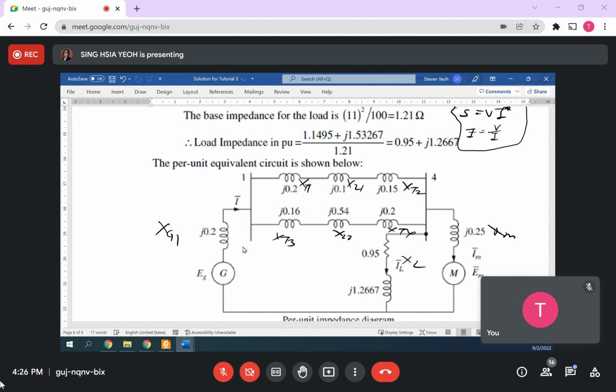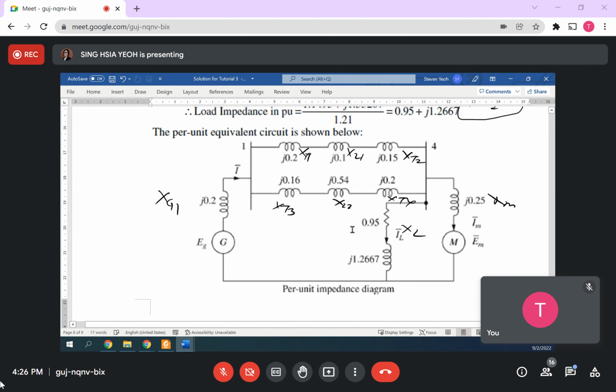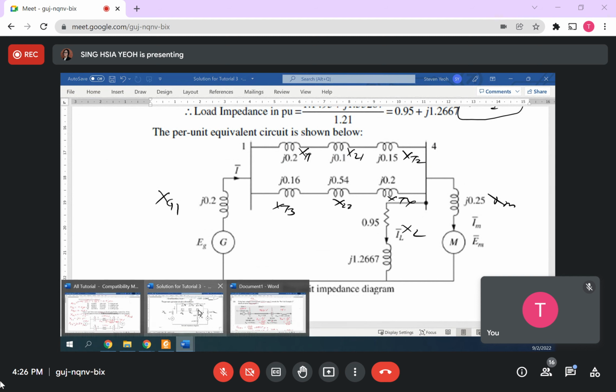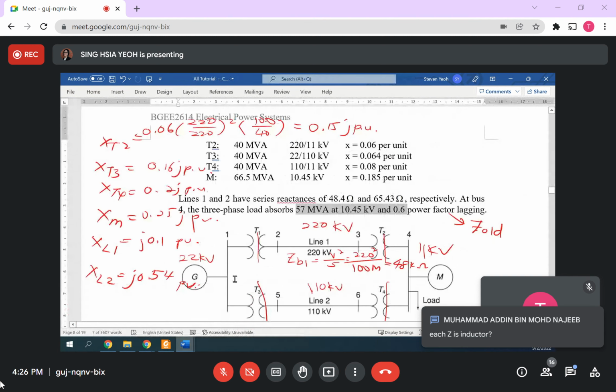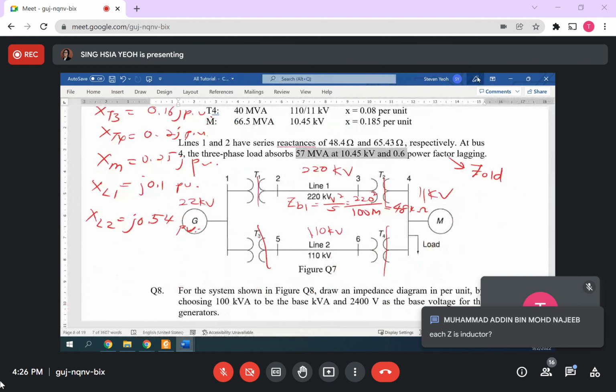The diagram is drawn according to the shape of the question.